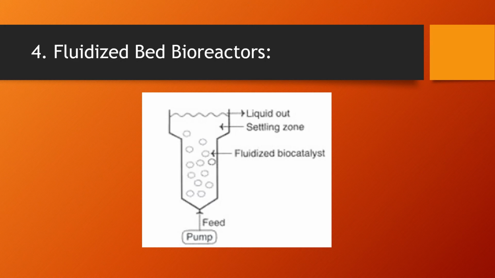How fluidized? They are suspended in the medium. A biocatalyst could be immobilized cells, immobilized enzymes or other catalysts. And there is medium in which maybe substrate is present, and that substrate is getting converted into the product through the catalyst.